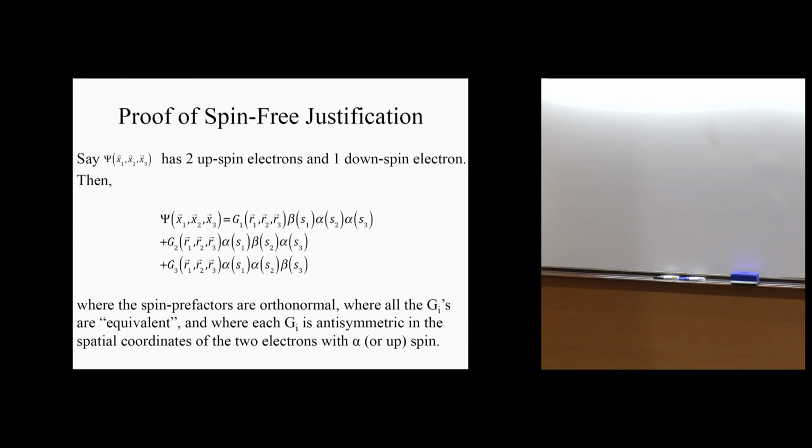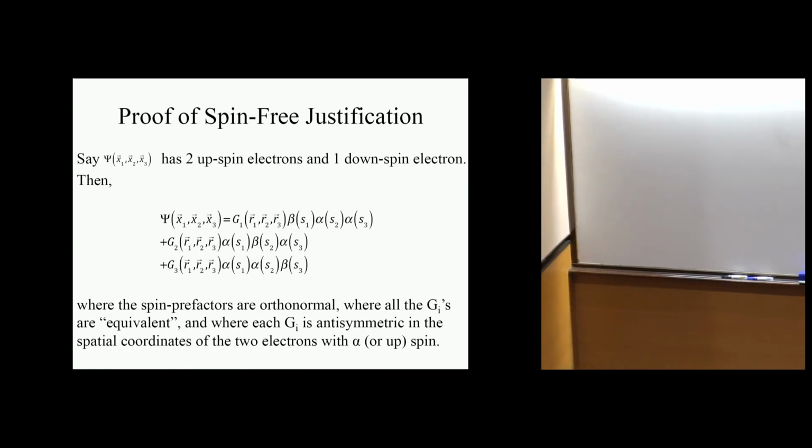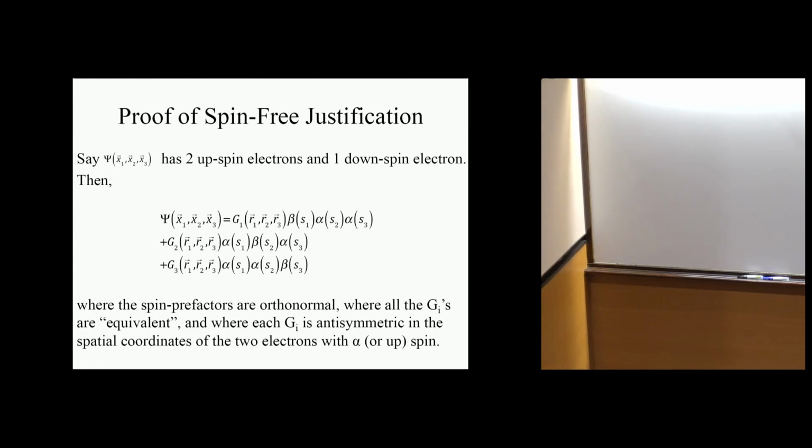You could always expand a spin density wave function in this way here, where these are the spin functions here, and the G's are space functions here. And of course, because this is antisymmetric, these are all equivalent, meaning they're the same except for interchanging the electrons, etc., and a possible change in sign.